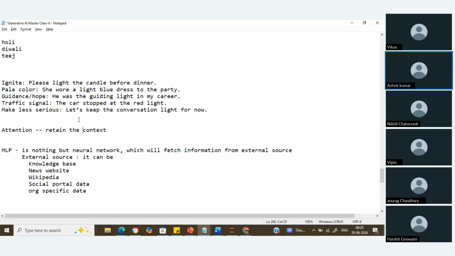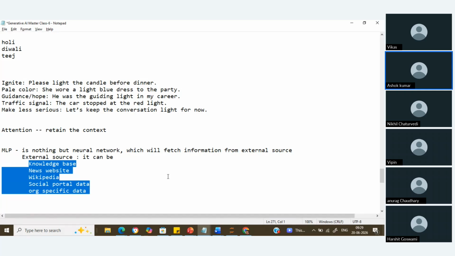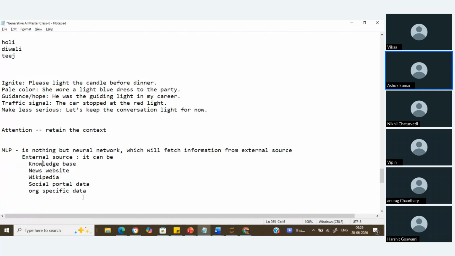The external source can be anything. We have mentioned some sources, but we can have many more, like books and sayings. The main motto is to fetch information from the external source in order to generate new content.